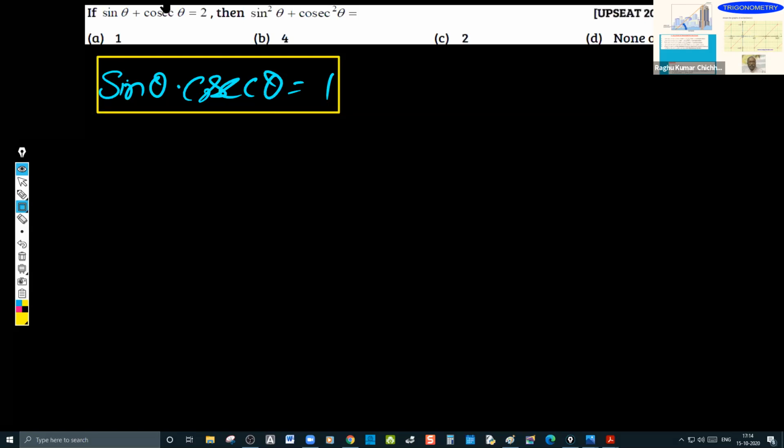Now, when you have this idea and you are asked to find sine square theta plus cosecant square theta, that means this is to be squared. It is obvious. So, sine theta plus cosecant theta is equal to 2, squaring on both sides.